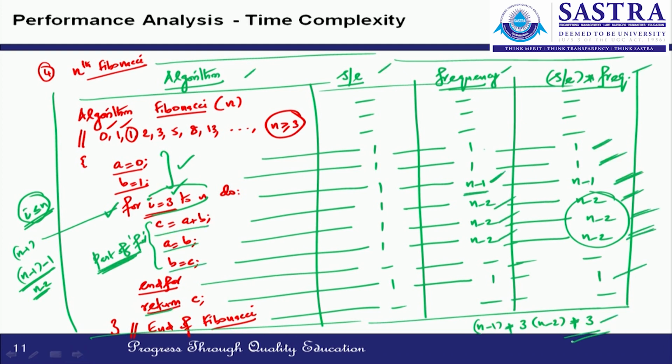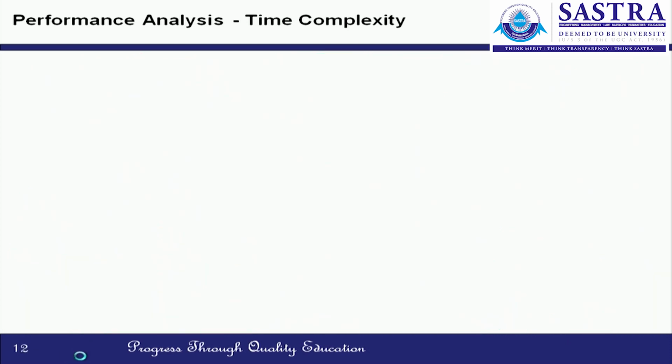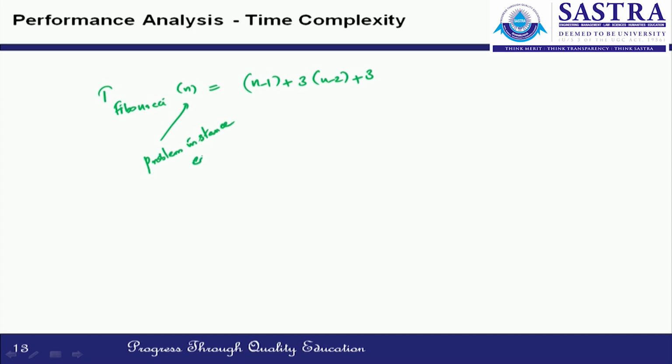So the total computing time of finding the nth Fibonacci number is given by T Fibonacci of n, where n represents the problem instance characteristics.